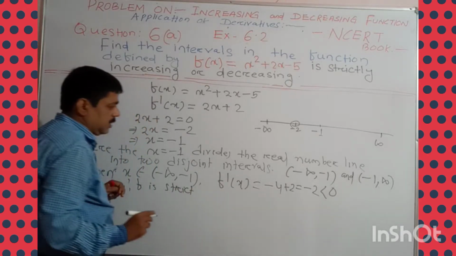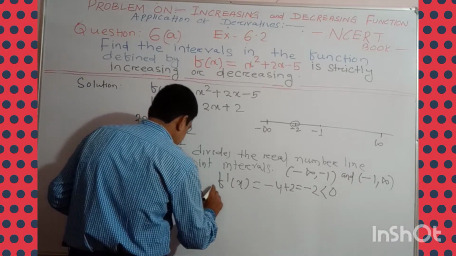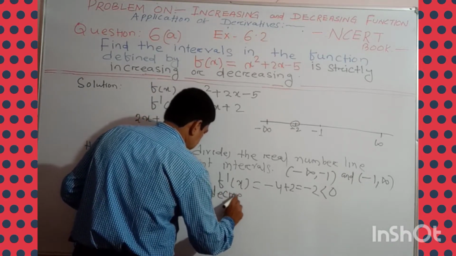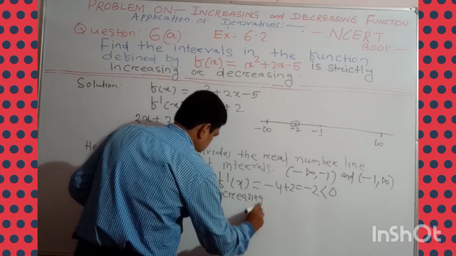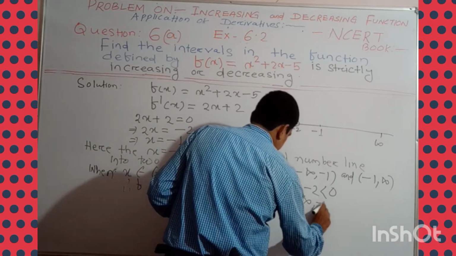If the slope of the function is less than 0, then f is a strictly decreasing function in the interval minus infinity to -1. Very simple.